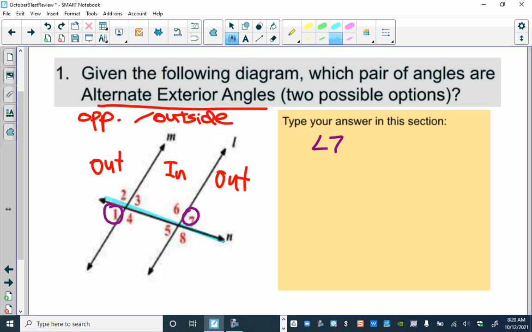So it's 1 and 7. So 7 and 1. That's one example. Also, 2 and 8 are also alternate exterior, 8, 2, also.